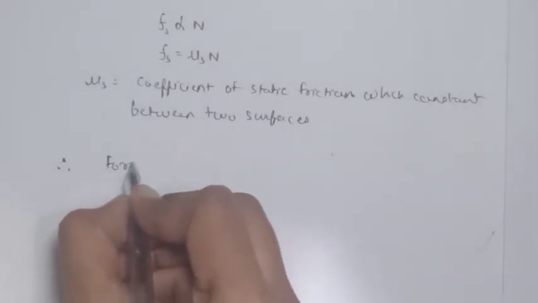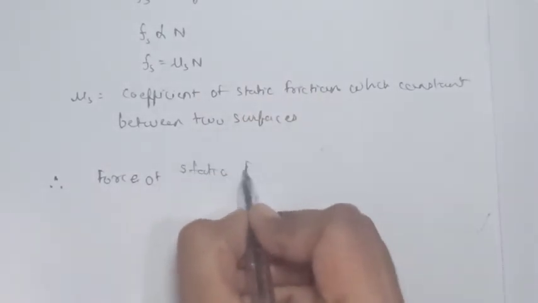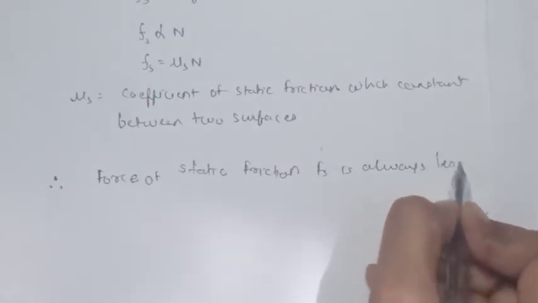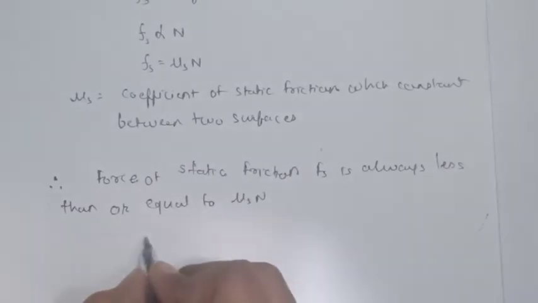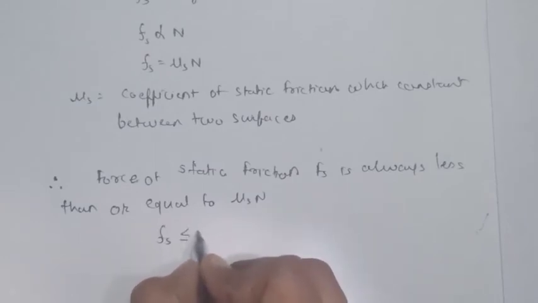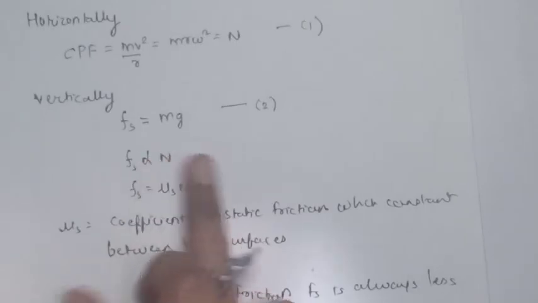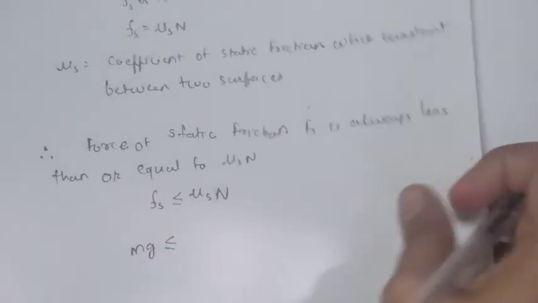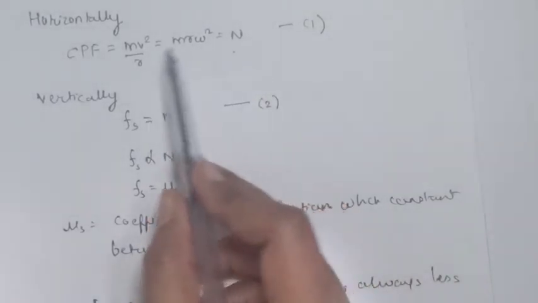Therefore, the force of static friction Fs is always less than or equal to mu s N. That is, Fs is less than or equal to mu s N. From equation number 2, Fs is equal to mg, so you can write mg less than or equal to mu s N. Then from equation 1, you can find N equals mv square by r.